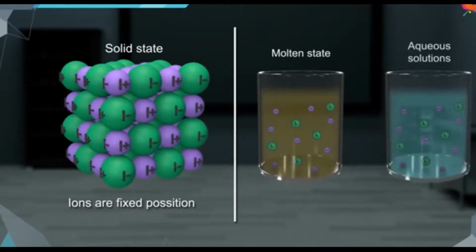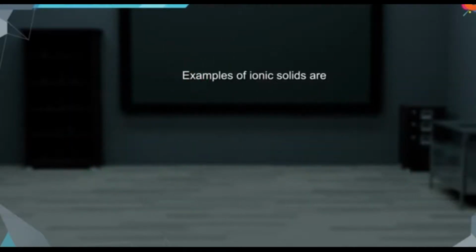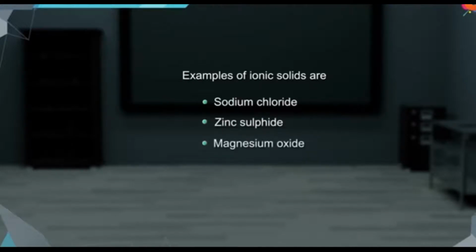However, in molten state or aqueous state, the individual ions are free to move, and when potential difference is applied, these ions act as charge carriers and become good conductors of electricity. Some examples of ionic solids are sodium chloride, zinc sulfide, magnesium oxide, cesium chloride, etc.